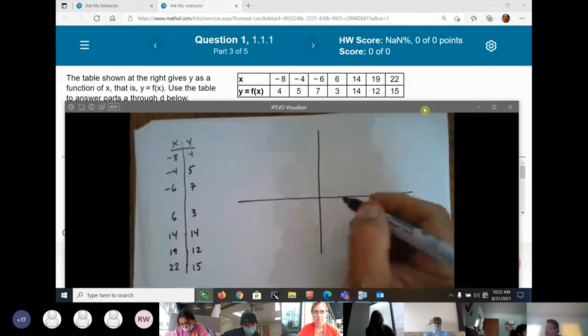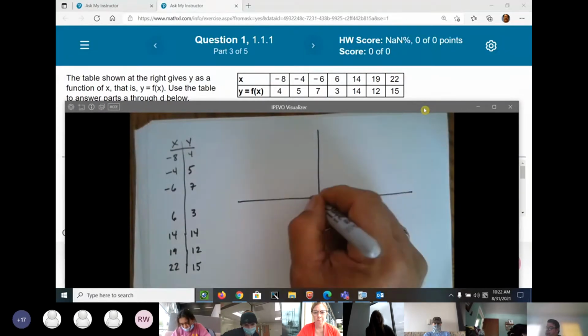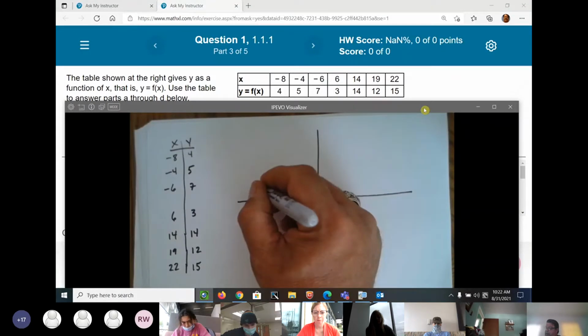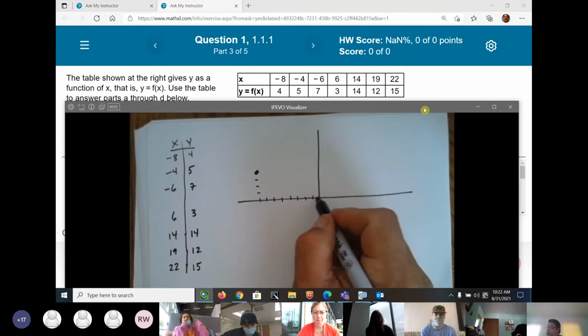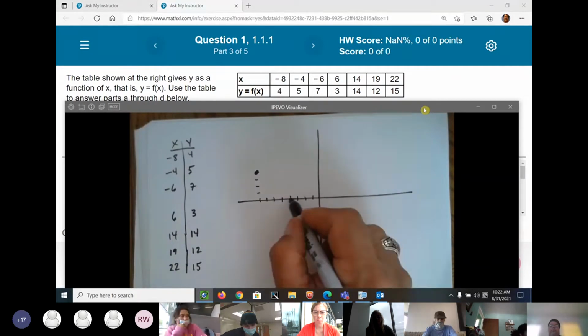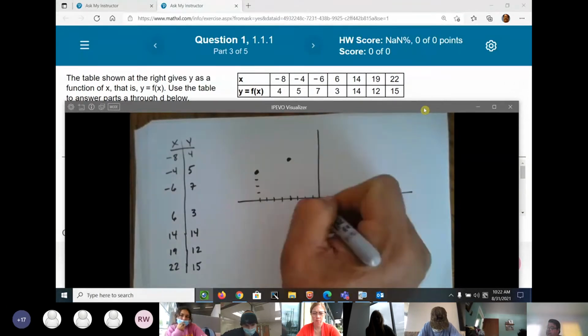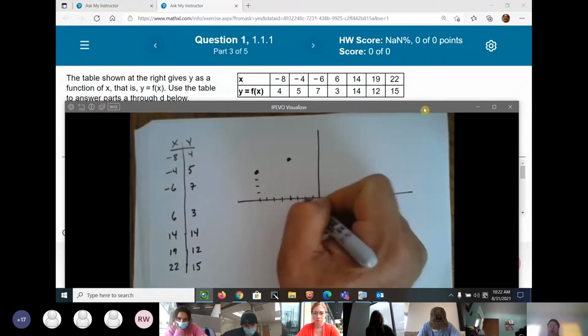That's a good habit to get into in algebra. So -8, +4. 1, 2, 3, 4, 5, 6, 7, 8, +4. 1, 2, 3, 4. -4, 1, 2, 3, 4, and positive, what, 5? Well, that's 4, so 5 would be right in there. Now I realize this is extra work.